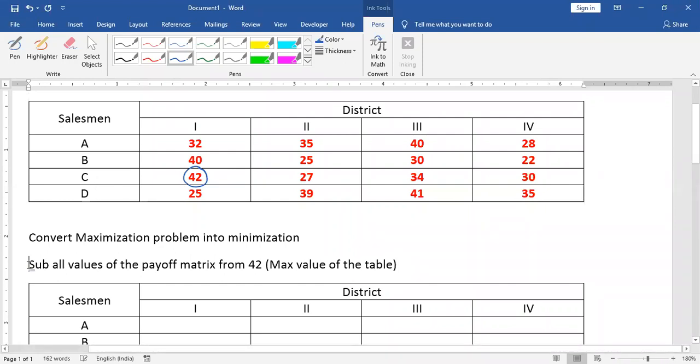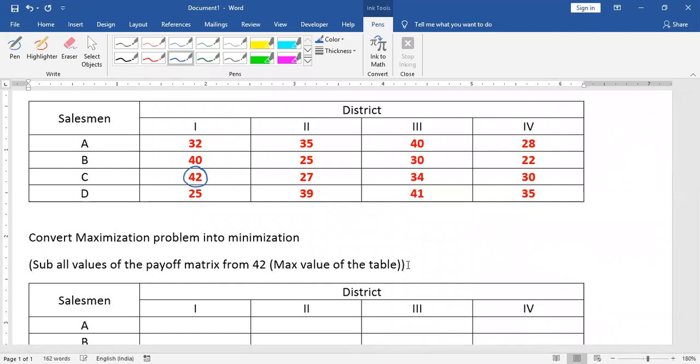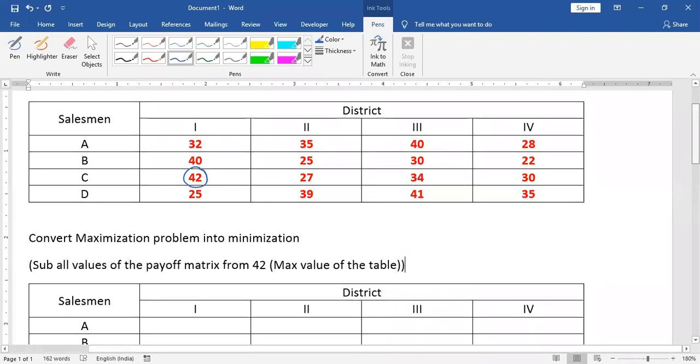So we subtract all values of the payoff table from 42, because 42 is the maximum value of the table.